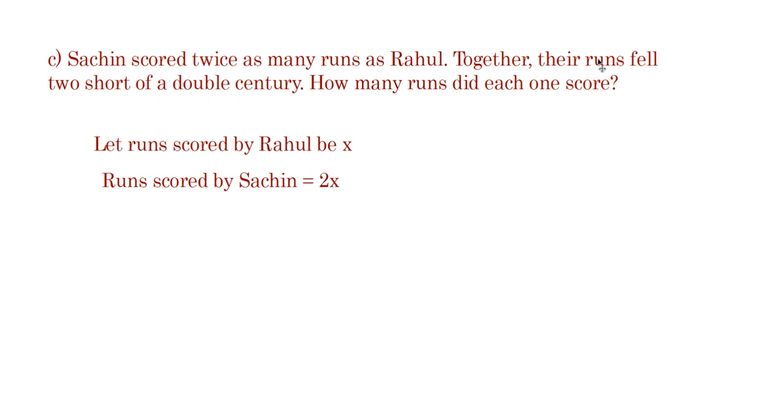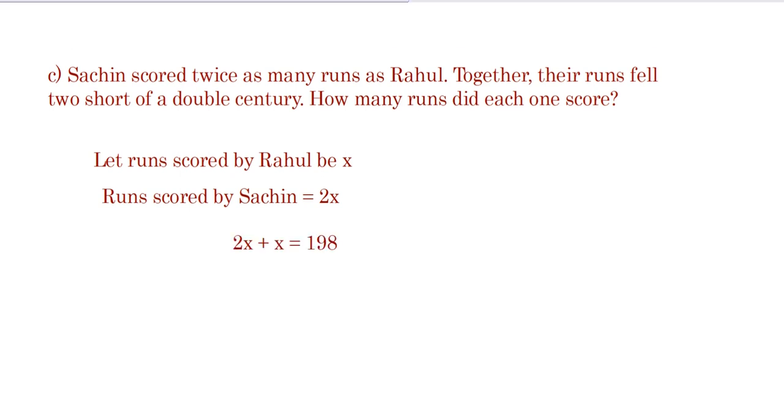Now the condition given is that their runs fell too short of a double century. Together the runs scored, that means runs scored by Rahul plus runs scored by Sachin is equal to too short of a double century. Double century means 200. Too short of double century means 200 minus 2, that is 198.